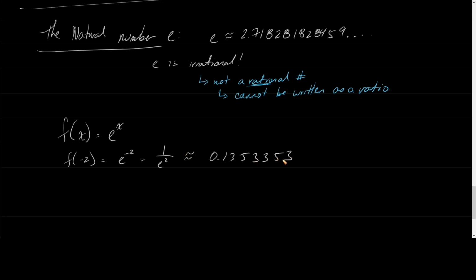All right. You could do things like f of -1, which would be 1 over e, right? e to the -1. And that is approximately 0.367828.